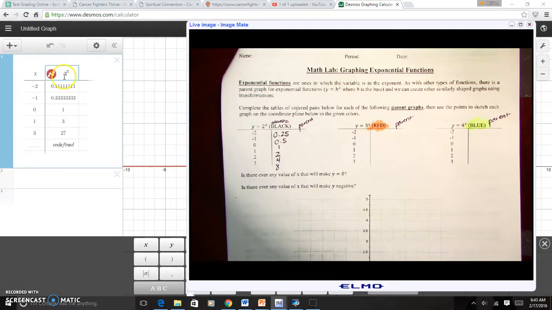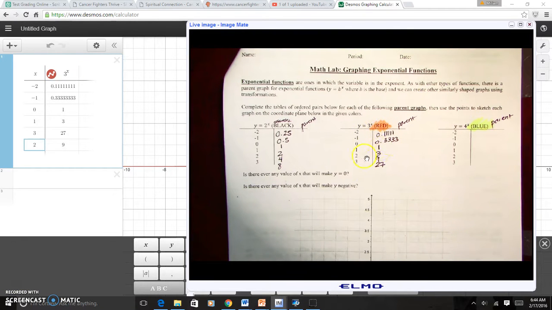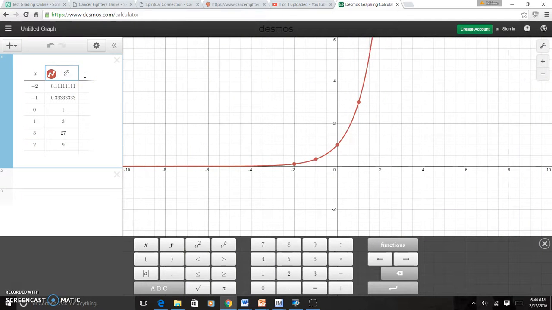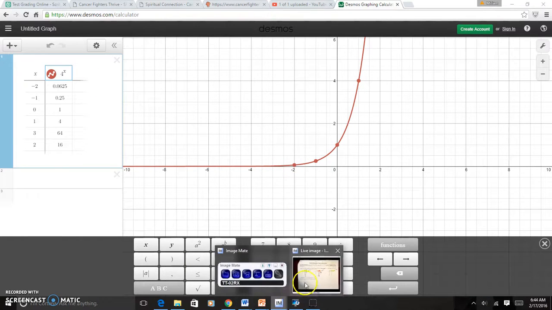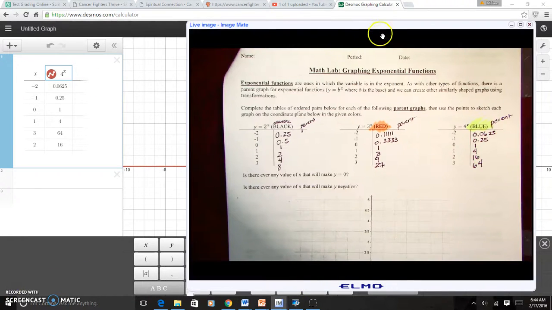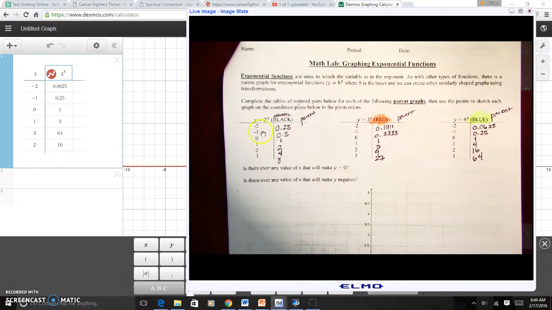I went ahead and graphed 3 to the power of x, and these are my table of values. Go ahead and copy that down. After you graph 3 to the power of x and copy down the table, you're going to do the last one, which is 4 to the power of x. And there's your x values and your y values. You're going to copy that into your table. Now you have your table for 2 to the power of x, 3 to the power of x, and 4 to the power of x.